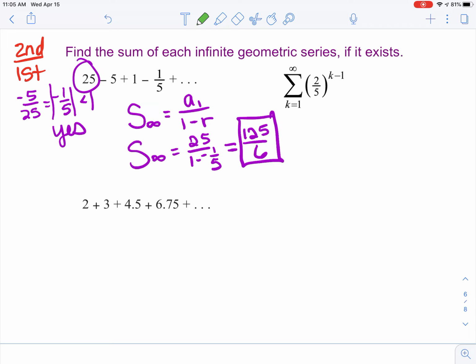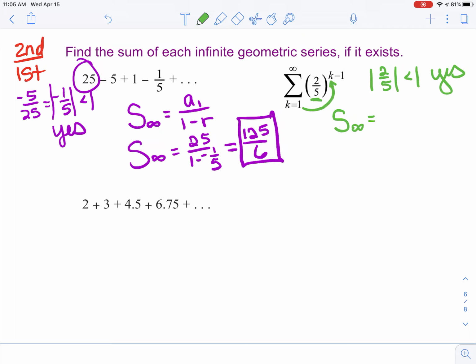Okay, let's do it another way. Here's our summation notation. I look inside here. Whatever number has the exponent, that's my r. So is the absolute value of 2/5 less than 1? And your answer is yes. So we are going to find all of our numbers.